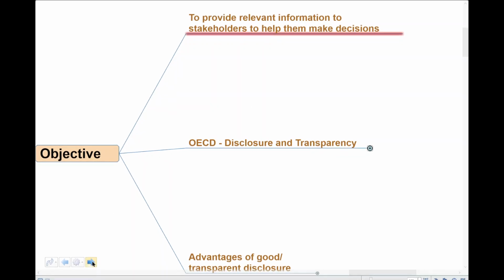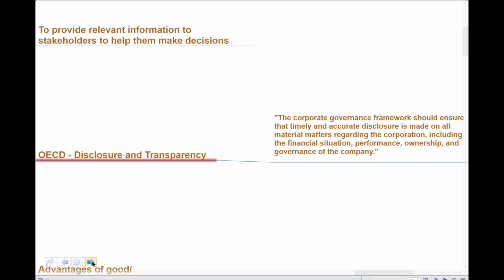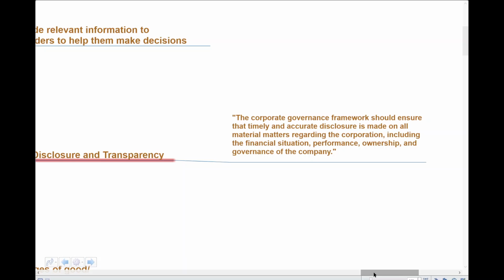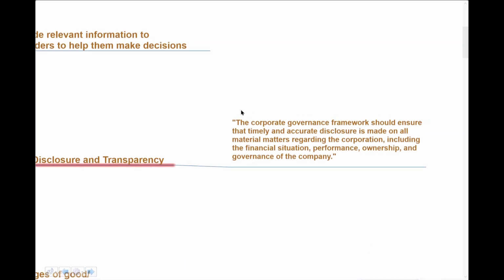In terms of guidance, the OECD do provide us with some information in terms of disclosure and transparency. Let's take a look. The suggestion here is that the CG, or Corporate Governance Framework, should ensure timely and accurate disclosure is made on all material or important matters regarding the corporation, including financial situation, performance, ownership, and indeed governance.